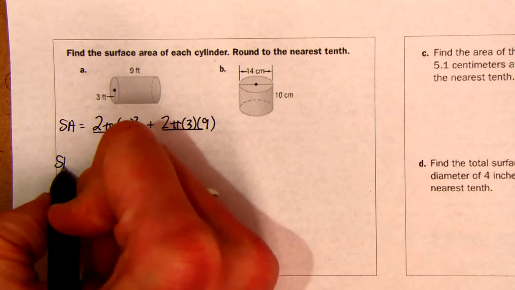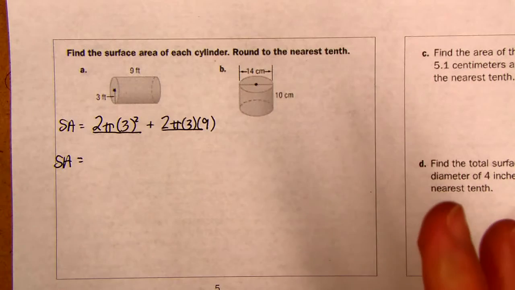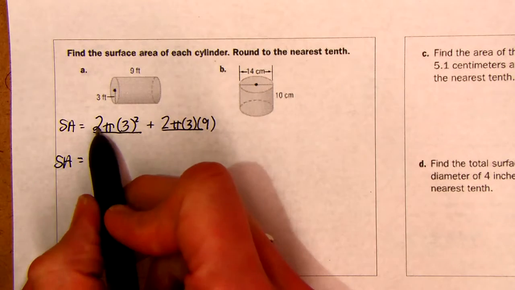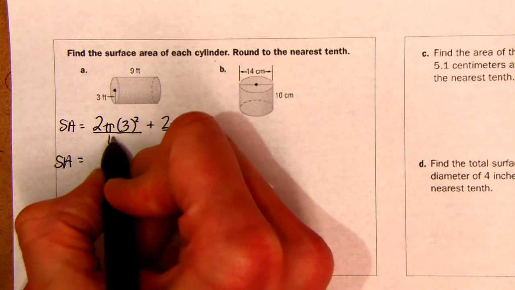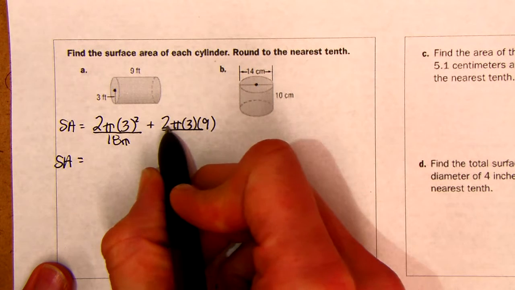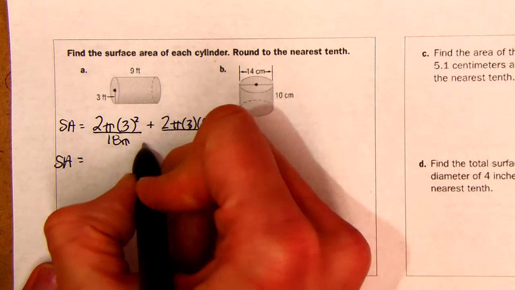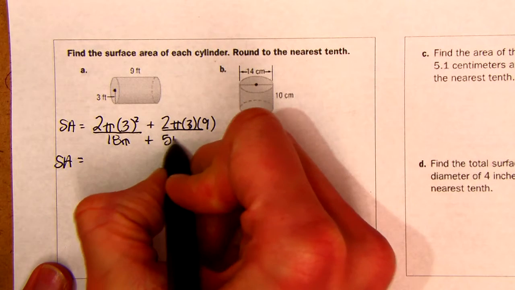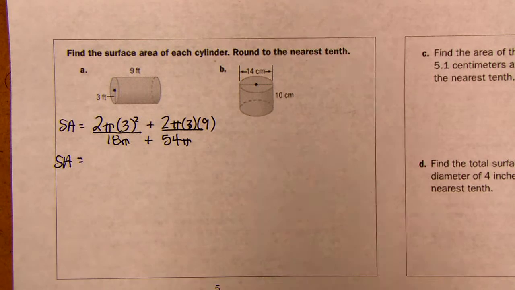So right here, this is 9 times 2, which is going to be 18 pi. And this is 2 times 3, which is 6, and 6 times 9 is 54 pi. Now I can add that, because pi is kind of like a variable. 18 pi plus 54 pi, so 18 plus 54 is 72 pi.